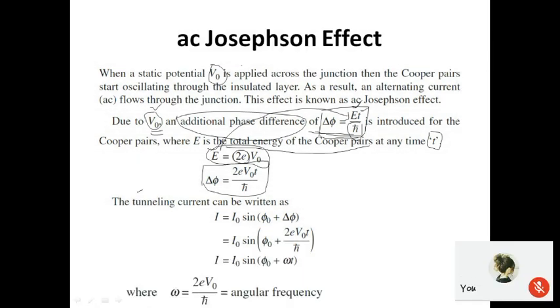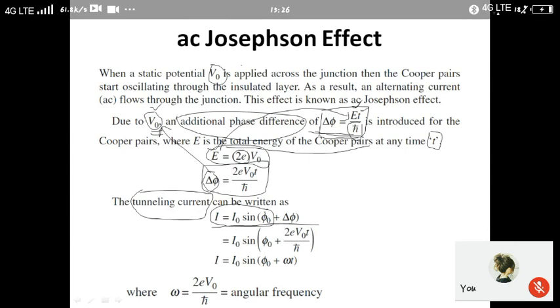Now the current that flows through the insulating layer or through the junction, due to the introduction of the additional phase difference delta phi by the application of the additional voltage V naught, is given by I equals I naught sin of phi naught plus delta phi. Previously, in the DC Josephson effect, the current is given by I equals I naught sin phi naught only, because phi naught is the phase difference between the Cooper pair waves of superconductor 1 and 2.